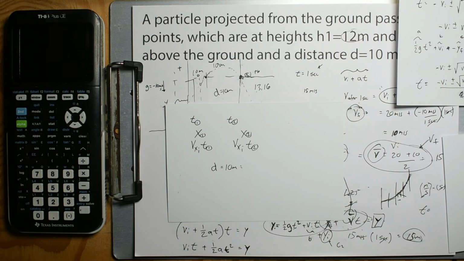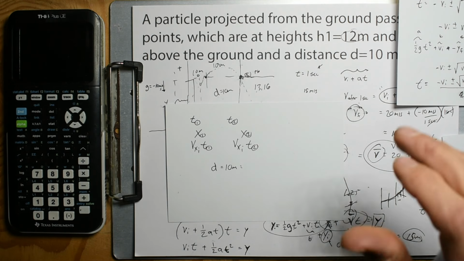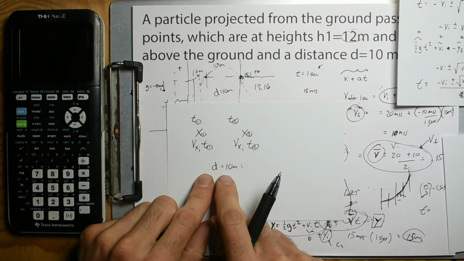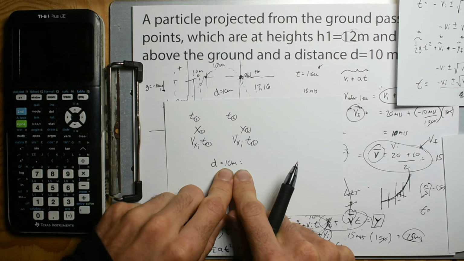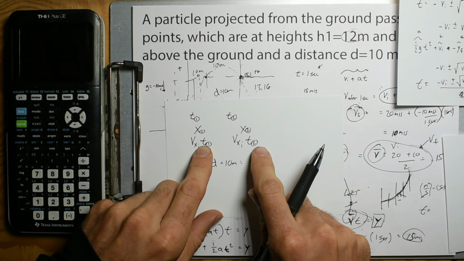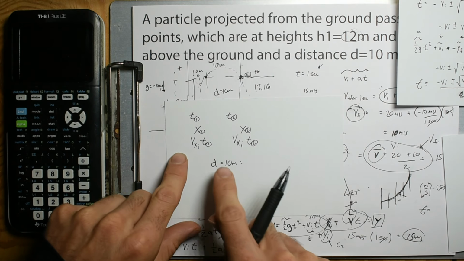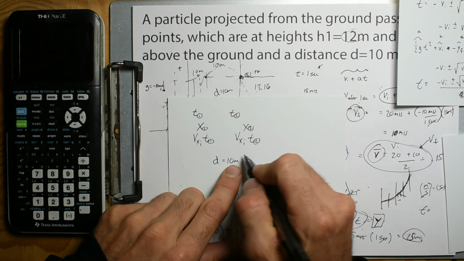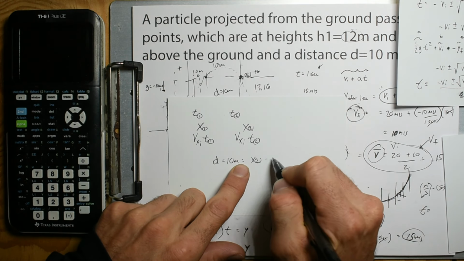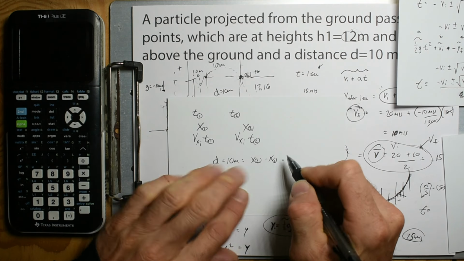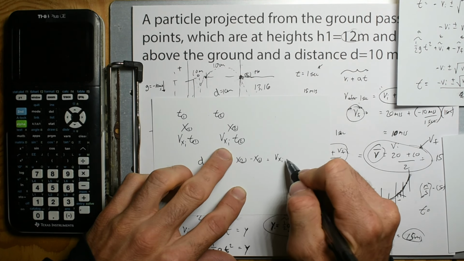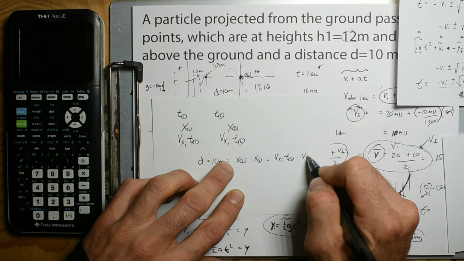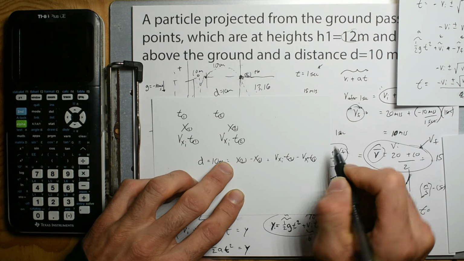Switch batteries out, and we're going to show that the difference between these two is the distance. And we want that to be 10, and we know what t1 is, and we know what t2 is, and both involve the velocity initial. So we have x2 minus x1, which is velocity initial in the x direction times t2 minus velocity initial in the x direction times t1.